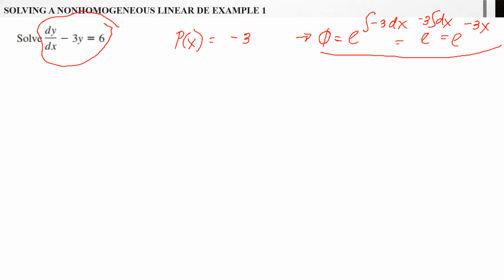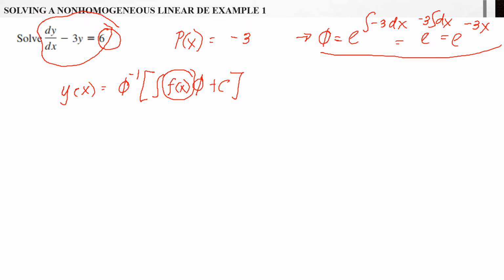Then you do the formula y(x) is equal to, what's again the equation? Phi negative 1 multiplied by the integral of f(x) multiplied by phi, plus c. We take note that the f(x) here is this one, the 6.